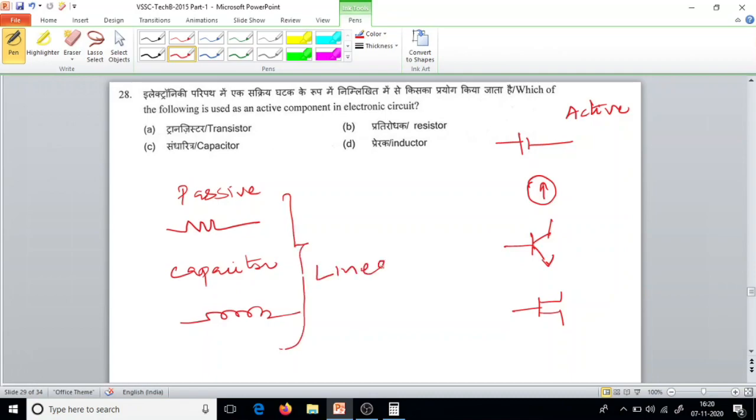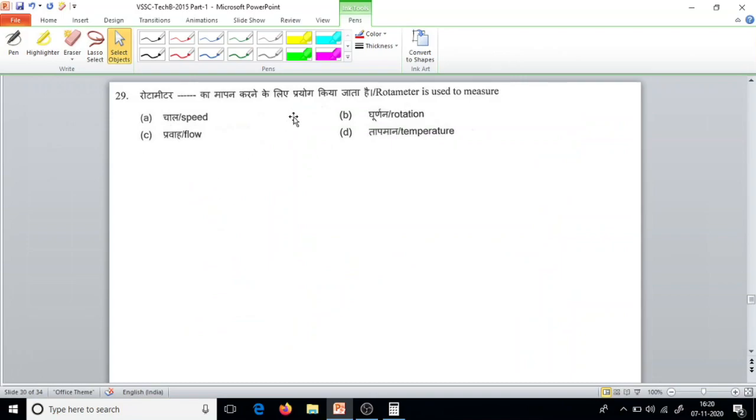Now, what is the question? Which of the following is used as an active component in an electronic circuit? The answer is transistor.